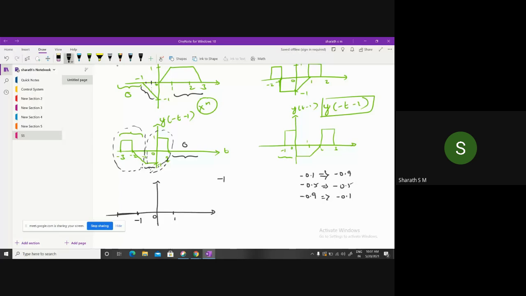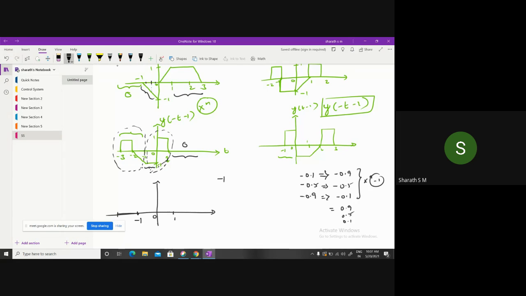So this is the falling slope from -1 to 0, and here we have a constant amplitude level of -1. With this whole thing we multiply by -1. So -1 into -0.9 gives +0.9. -1 into -0.5 gives +0.5. -1 into -0.1 gives +0.1.